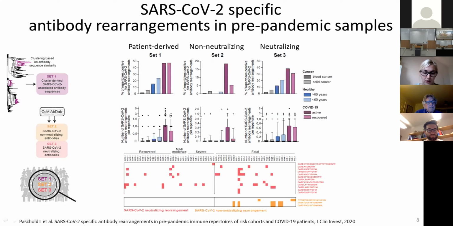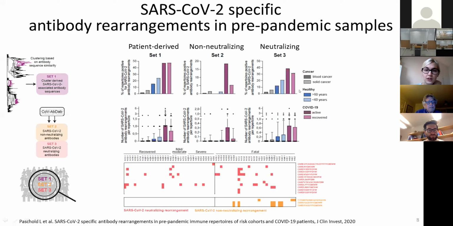And you see that in the COVID group, there are a lot more sequences found than in the pre-pandemic samples, and also they are more found in the active group. Within the healthy group, the sequences were more frequent in the younger individuals than in the older individuals, and in the cancer samples, they were even less frequent.